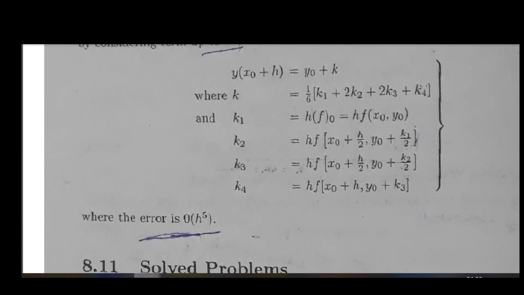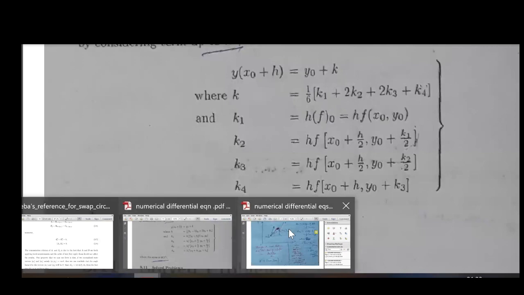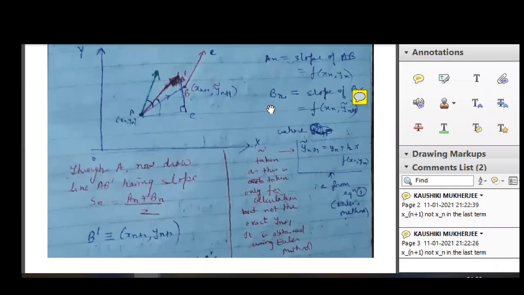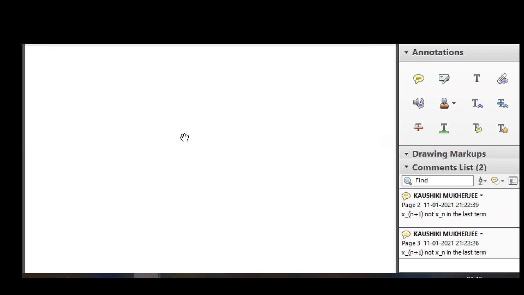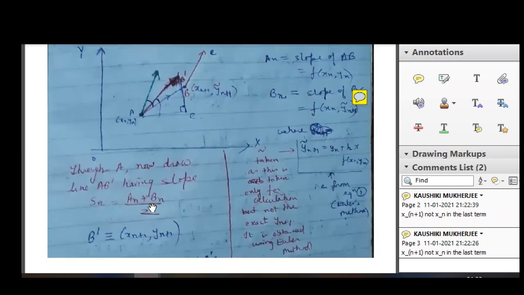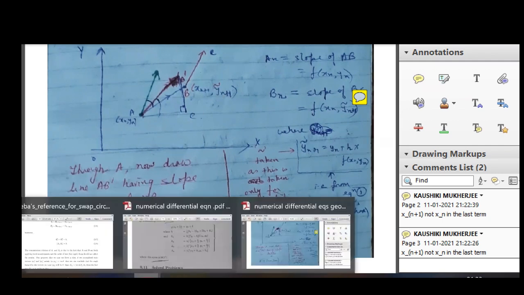So you have to take the slopes accordingly if I want to consider the geometrical way of clarifying this RK4 method. So instead of an plus bn by 2, you have to take 1 by 6 an plus 2 by 6 bn, that means 1 by 3 bn, plus 1 by 3 cn plus 1 by 6 dn. Okay. So likewise you have to take. Similarly, you have to consider what are the terms given there, and likewise you have to draw the slopes and add them up.